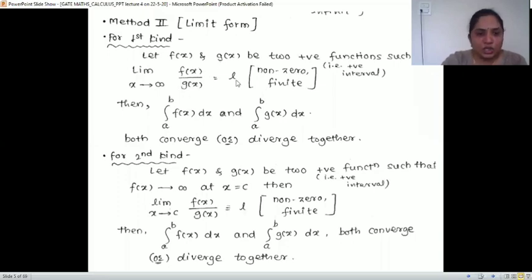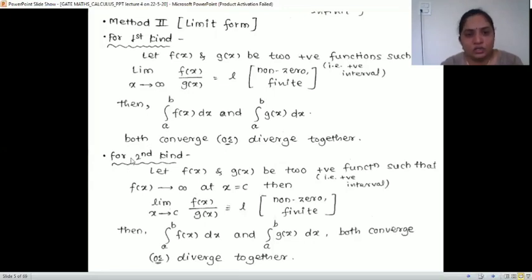Then if such an L exists, which is non-zero and finite, we can say integration f of x dx and integration g of x, both from a to b, either both converge or both diverge together.